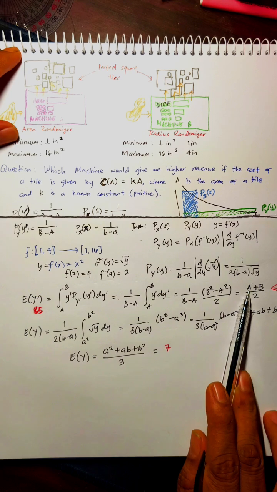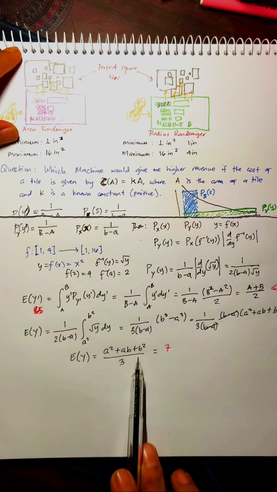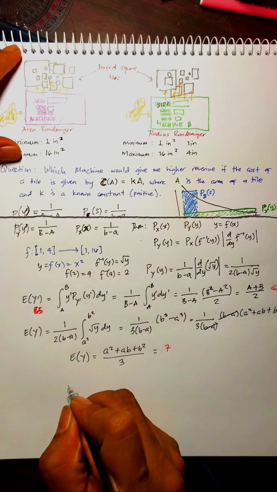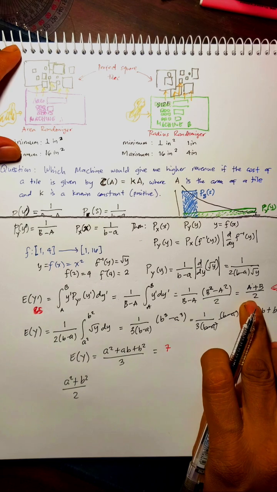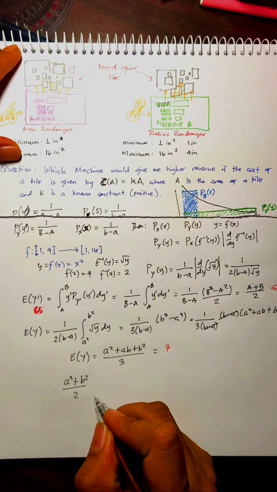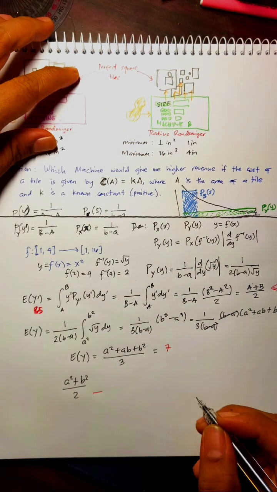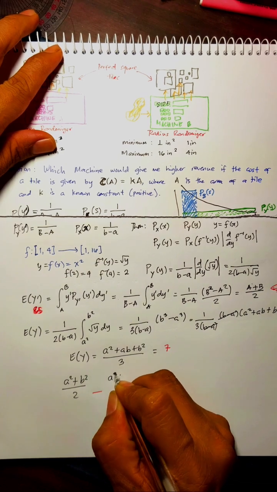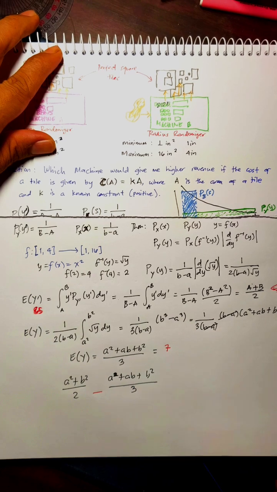Now, let's see. Since capital A corresponds to small a squared, clearly the minimum, and capital B here is small b squared, we are asking the question: is (A squared plus B squared) over 2, which is just this one, capital A plus B, greater or less than (A squared plus AB plus B squared) over 3?